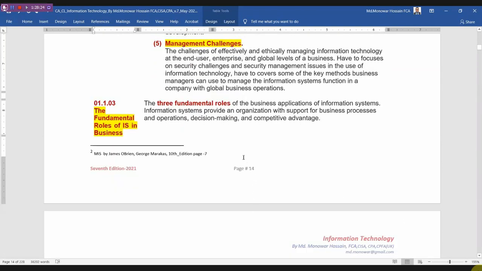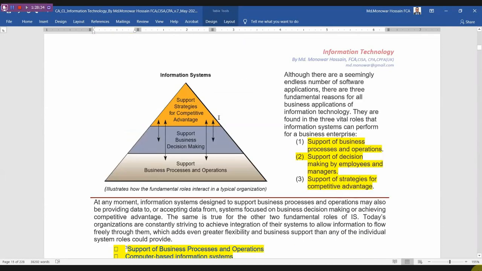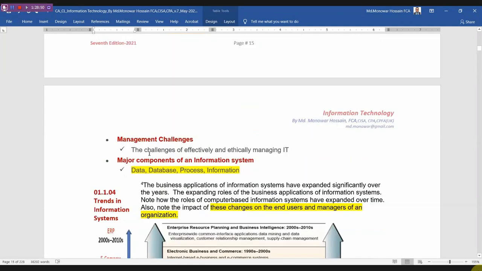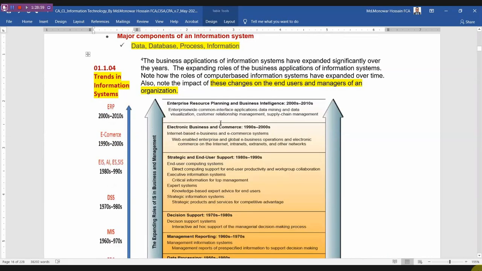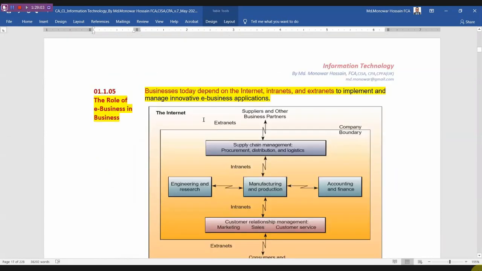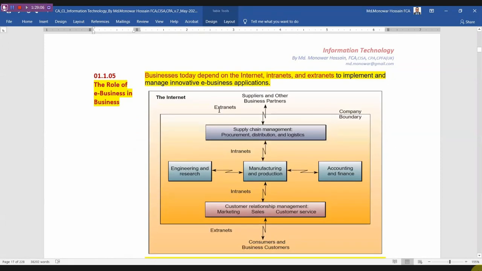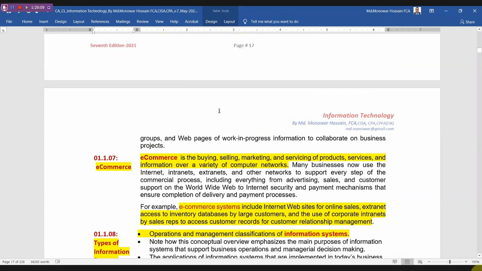We also saw the fundamental roles of information systems in business, 3 roles: support to business processes and operations, support to decision making by employees and managers, and support to strategy and competitive advantage. Within the organization, these support top management, middle management, and lower management. We also saw the trends in information systems from 1950 to nowadays, the role of e-business, enterprise collaboration systems, and e-commerce.